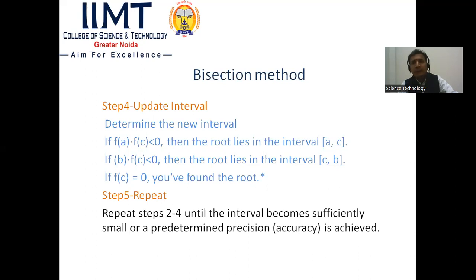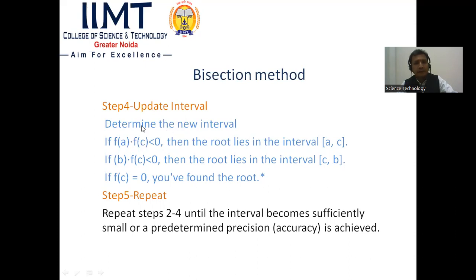By these 3 points, our interval becomes half, two intervals of half of width of previous interval. This way, we will have two intervals, a to c and c to b.